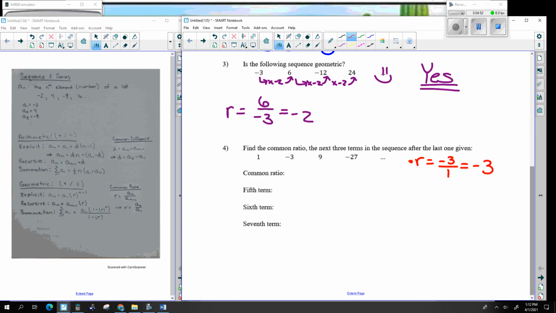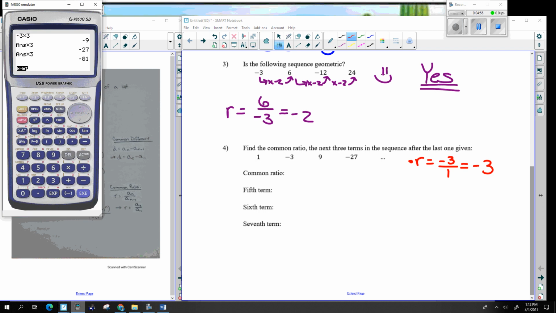So I go to my calculator and I start with 1, the first number, times -3 is negative 3, times negative 3 is 9, times negative 3 is negative 27. So the common ratio is negative 3, and they're asking what are the next 3 terms?